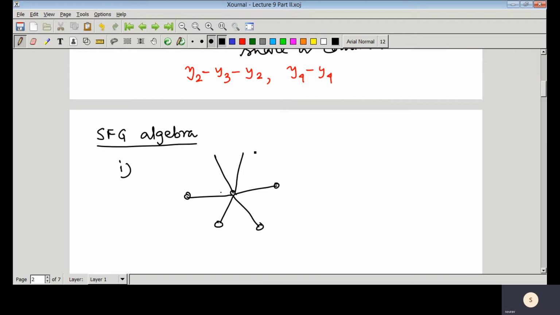So these all are the nodes. There are many branches. So nodes are here. This node is y1, then y2, y3, y4, y5, y6 and y7. So you need to put that arrowhead because that signal is flowing like this, suppose.